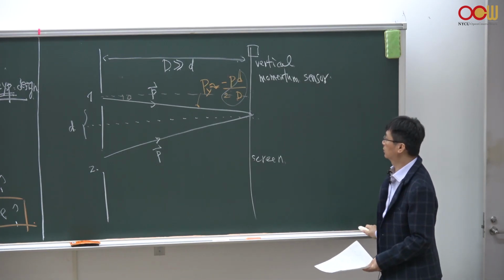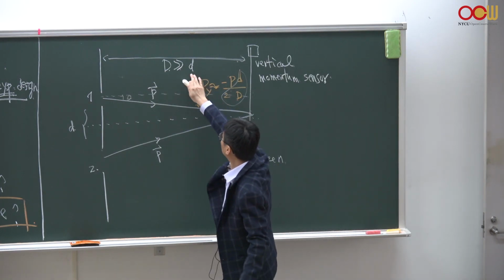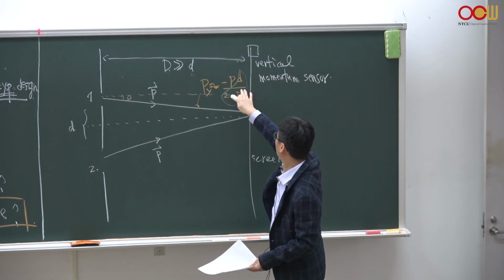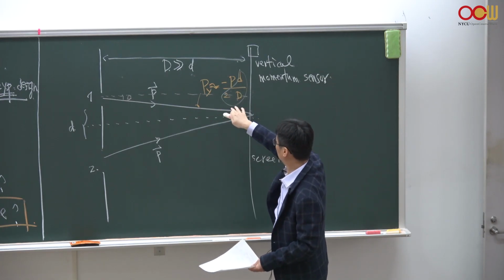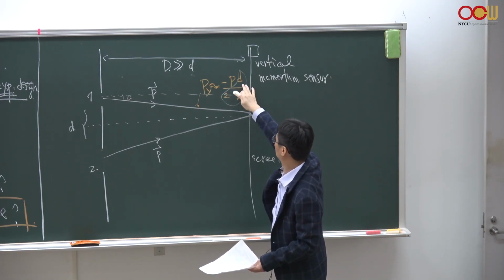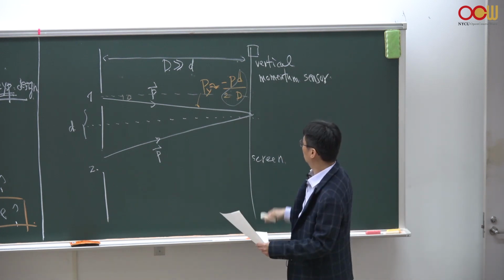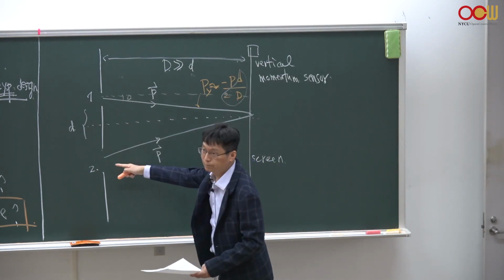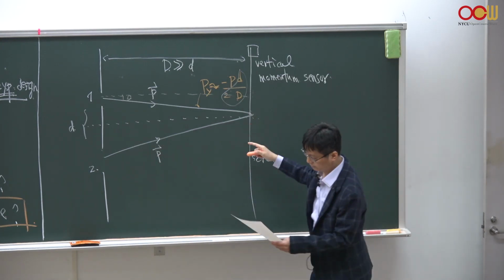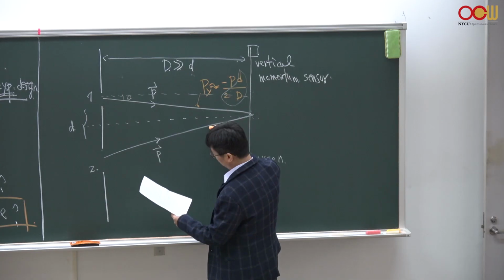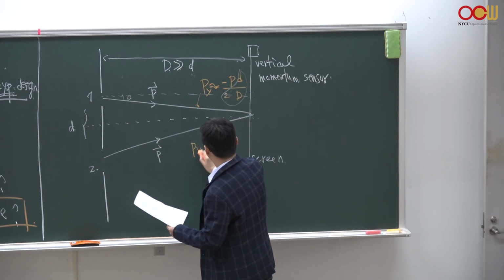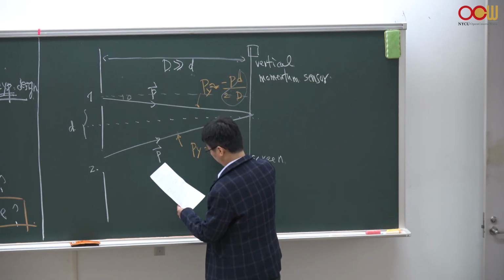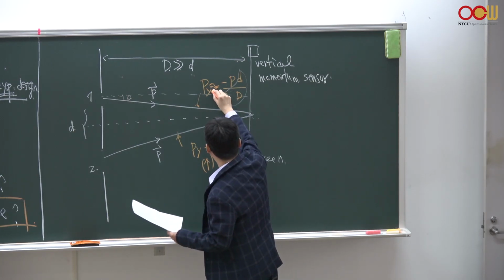Assuming that capital D is much larger than small d, the separation between the two slits, this is simply 1/2 of sine theta, where sine theta is just small d over capital D. So that's really simple. Likewise, if the slit 2 electrons hit the screen on the same spot, what this movable detector will tell you is that this particle will carry this amount upward, and the first one is downward.